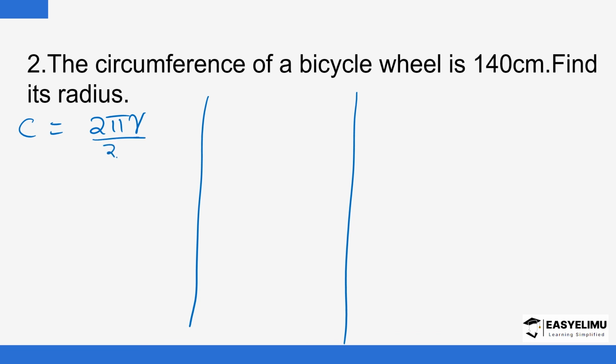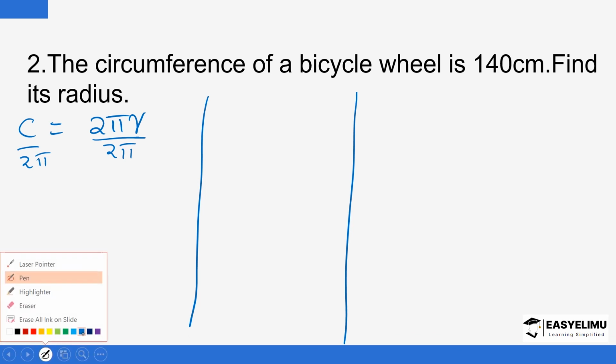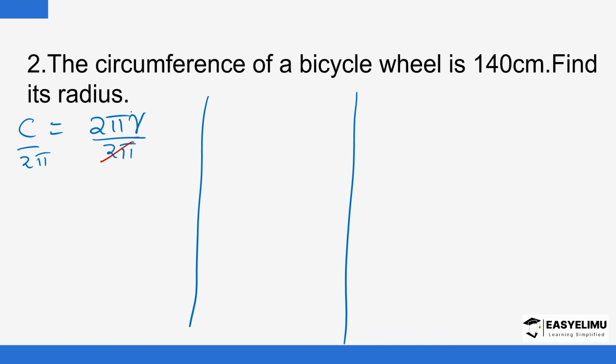So I divide both sides by 2 pi. The whole of this will cancel the whole of that. So what do I get then? r equals the circumference divided by 2 pi. That makes it easier now.